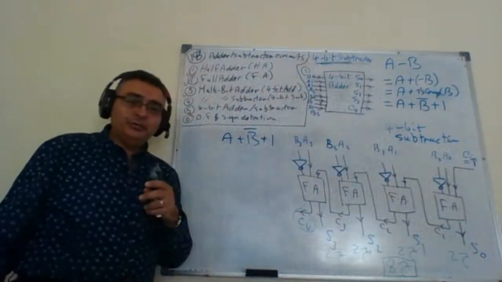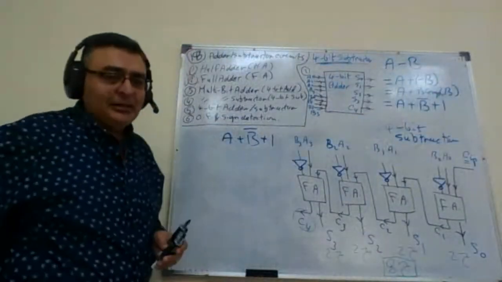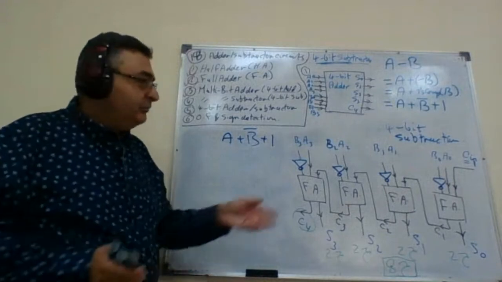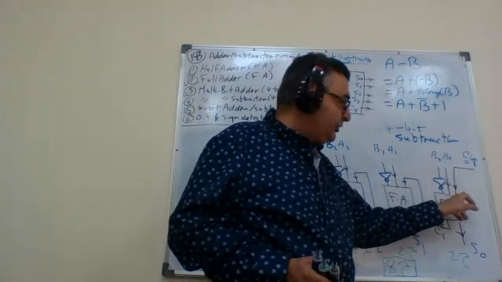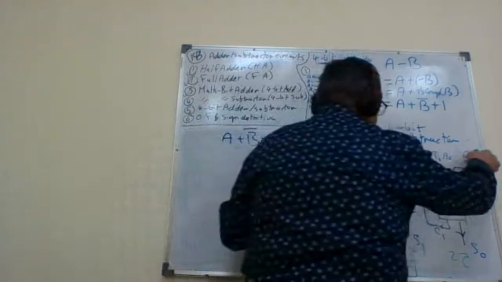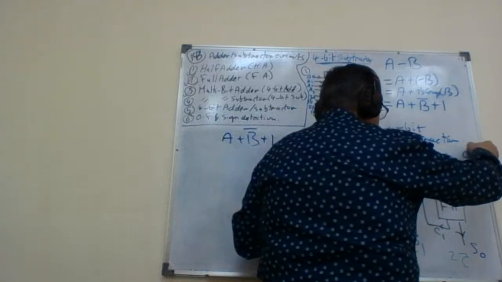So I converted the 4-bit adder to a 4-bit subtractor by simply changing the Cin input here to 1 and changing the B to be B bar.